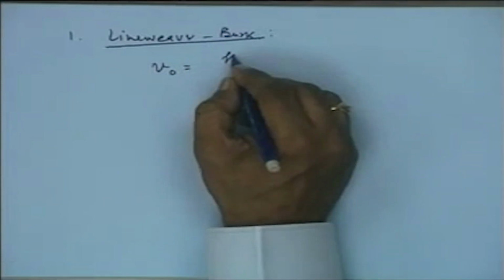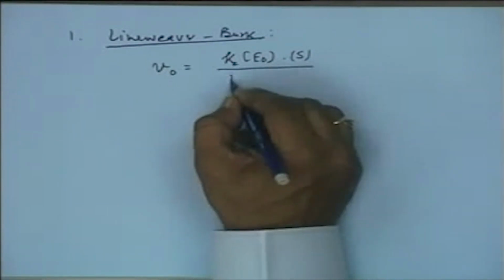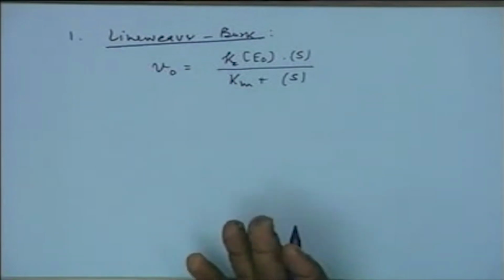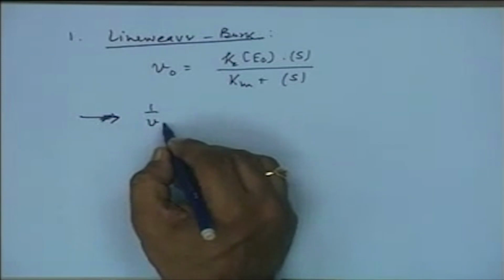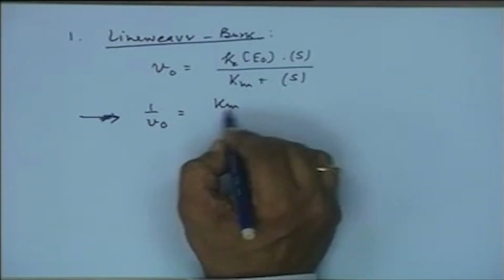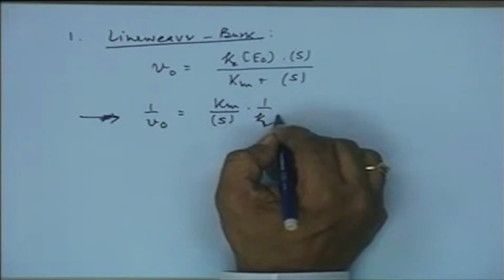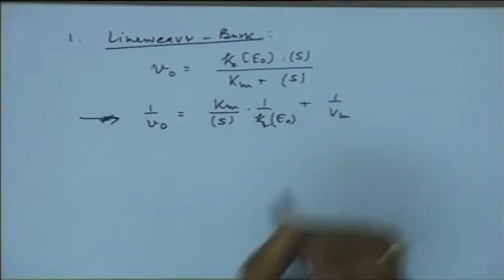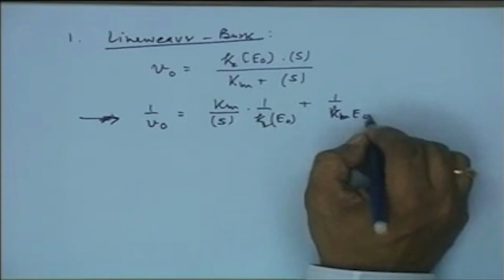You take V naught equal to K2 E naught S upon Km plus S. Taking the reciprocal on both sides, you can write 1 upon V naught equal to Km upon S into 1 upon K2 E naught, plus 1 upon Vm, or 1 upon K2 E naught.